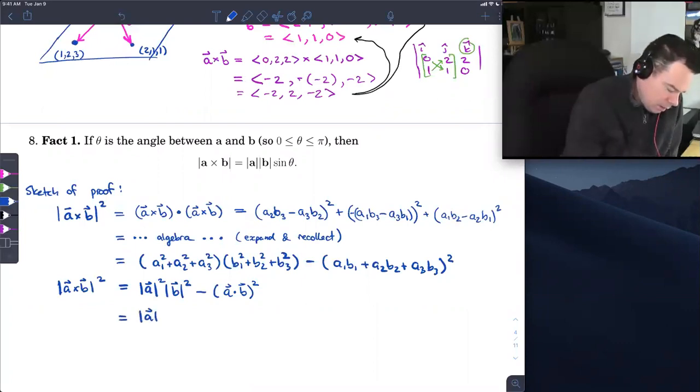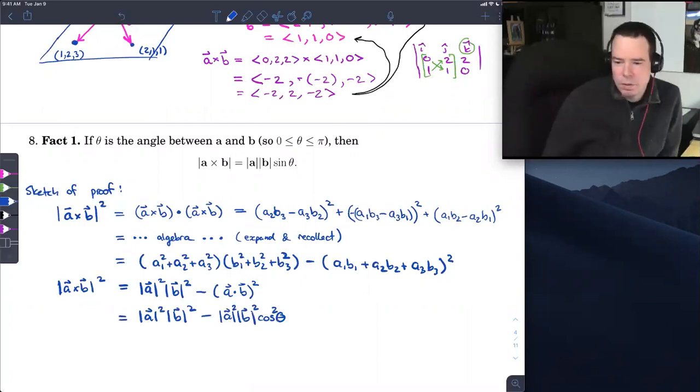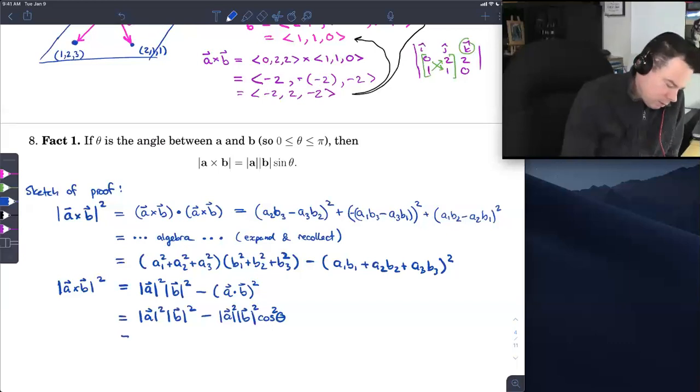And then we can continue on. We know that the dot product is given by the magnitude of a times the magnitude of b times the cosine of the angle between them. But this is being squared, so I've got squares on all of these things. So that's our relationship between the dot product and the cosine of the angle between them. Now I have these common magnitudes squared in both terms, which I could factor out.